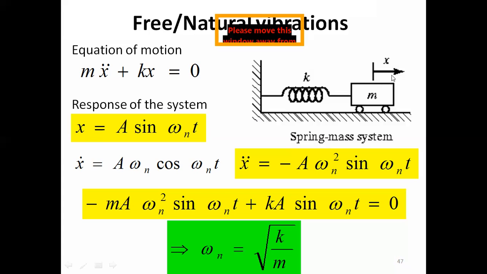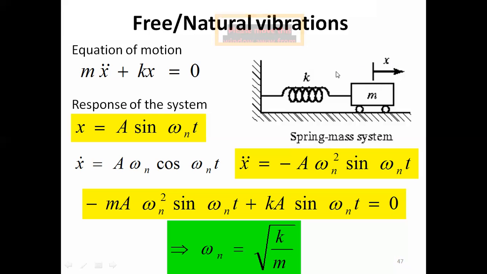The system is vibrating at the natural frequency, so the frequency would be omega n. The subscript n stands for natural frequency. Since it is sinusoidal motion, it is sine omega n t, and capital A is the amplitude. So if we have a sinusoidal plot, mathematically we could write x of t is equal to A sine omega n t. This would be the equation for the displacement.